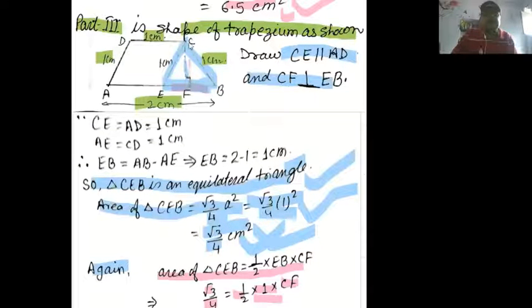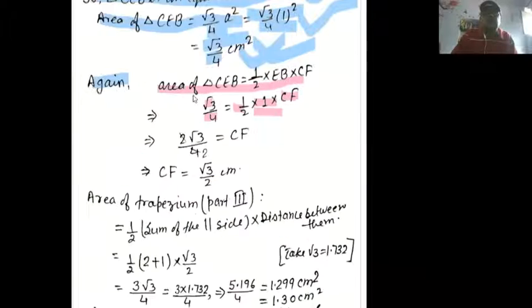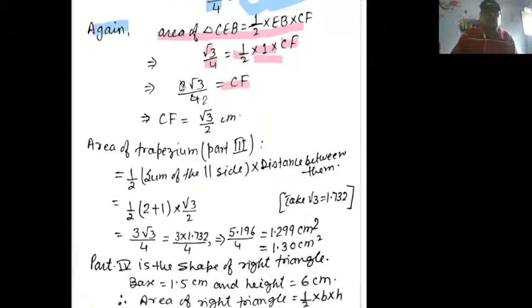Therefore, h equals, by cross multiplication, 2 root 3 by 4, 2 cancelled for 2 times, equals root 3 by 2. So perpendicular CF equals root 3 by 2. Our height is found, the distance between the two parallel sides.